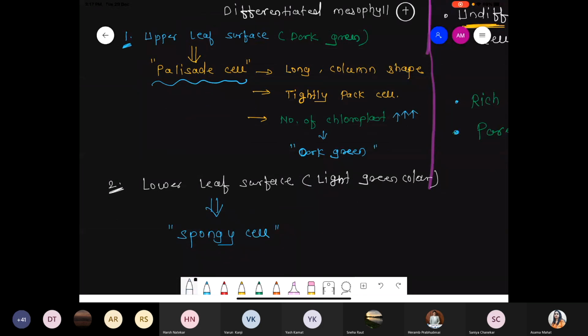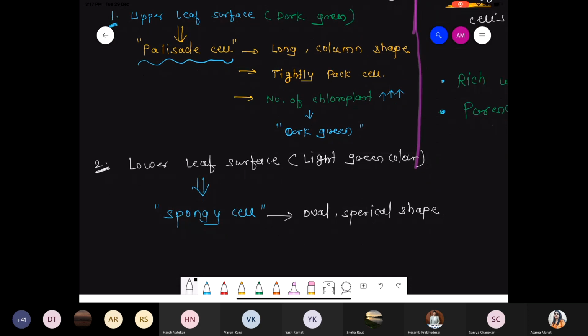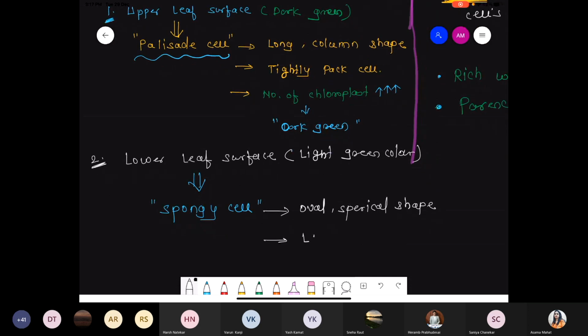Obviously they show loose association. First, they are oval or spherical in shape. Another point, spongy means they are loosely associated with each other. They are loosely packed.